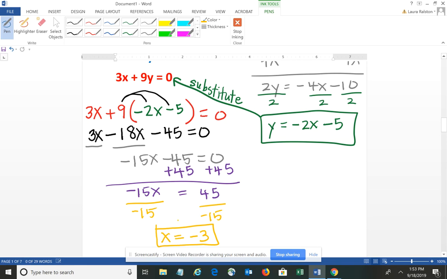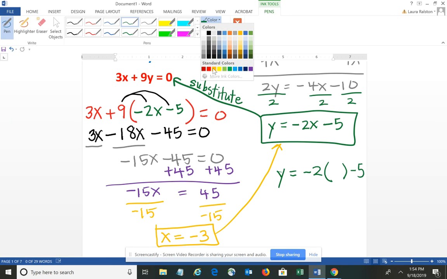And then we're going to do the back substitution. Now again, it's probably better if you go back to the original equation. I'm going to take it right back up here to where we have it solved for y and do the substitution. So I would have y equals negative 2 times, and in place of the x, we're going to put the negative 3.